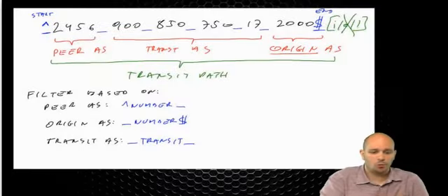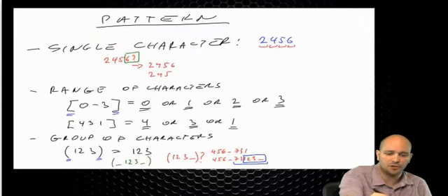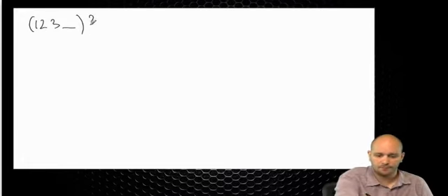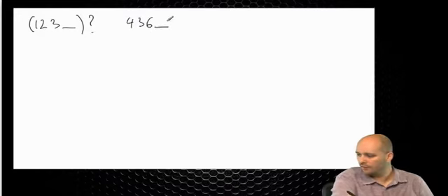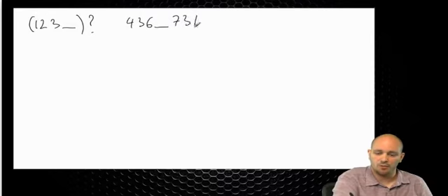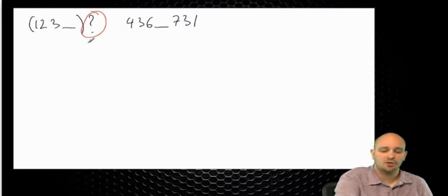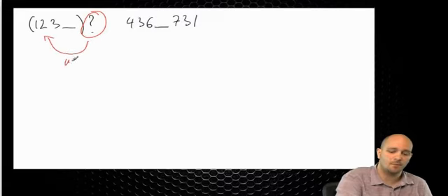The question here was, why does this pattern 1, 2, 3 match 4, 3, 6 followed by 7, 3, 1? Now, it matches because of this question mark. Because the question mark here says this may or may not appear.